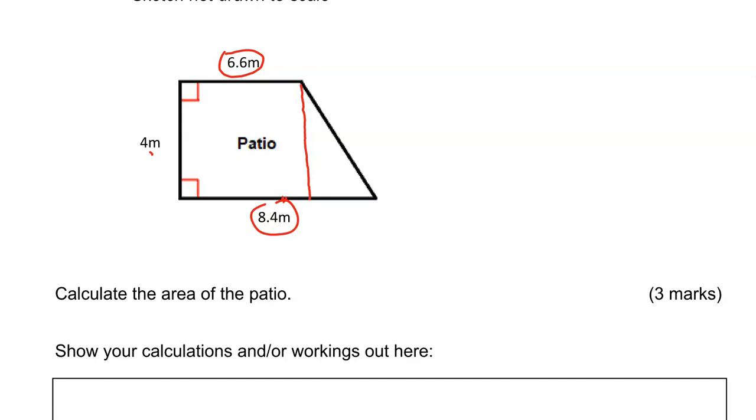So in terms of the rectangle, we know that the length is 6.6 and the width is 4. So I'm going to do 6.6 times 4 to get that area.